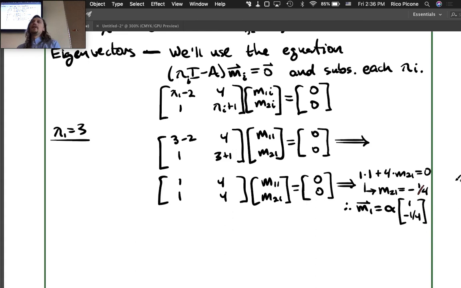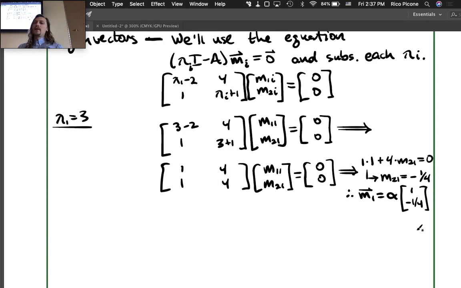So I'm putting alpha in there to remind us that we could choose this first one to be 4, for instance, and then this one down here would have to be scaled by 4 as well, so it would be negative 4/4 or negative 1. That's also an eigenvector. Any scaling of an eigenvector is also an eigenvector. So the eigenvector is really only unique in the direction that it's pointing. Its magnitude is not unique.